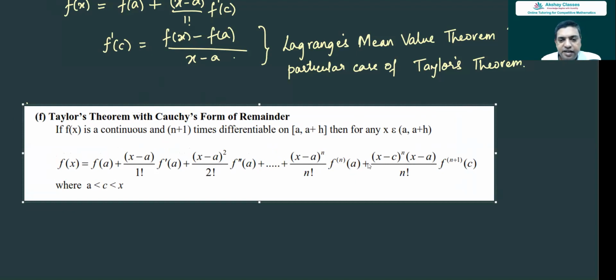All terms remain the same except for the last one. In the last one, instead of having (x minus a) whole power n plus 1 by n plus 1 factorial, we have a different term here: (x minus a) into (x minus c) whole power n by n factorial into the n plus first derivative of f at c. So that's the only difference.